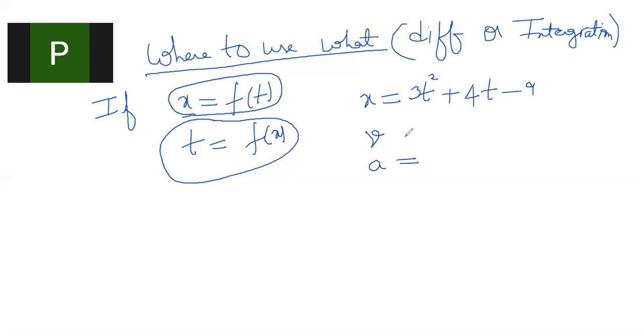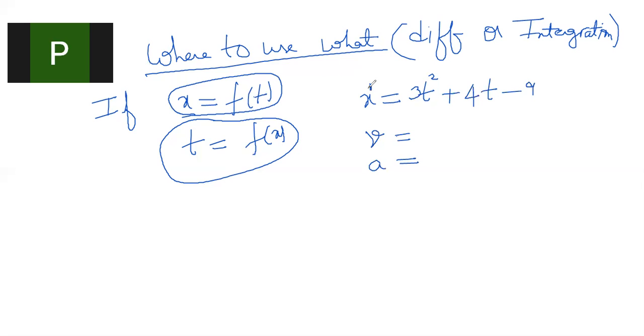If such a question is asked where displacement is on the LHS and is a function of time, the only thing you have to see carefully is whether displacement has power 1 or not.